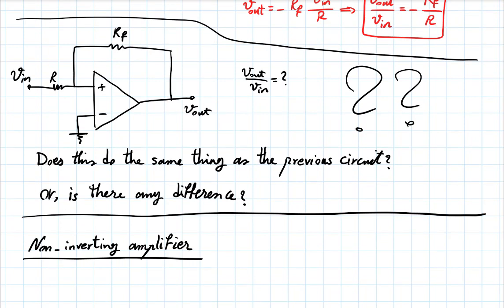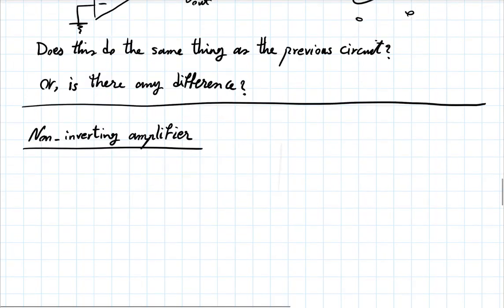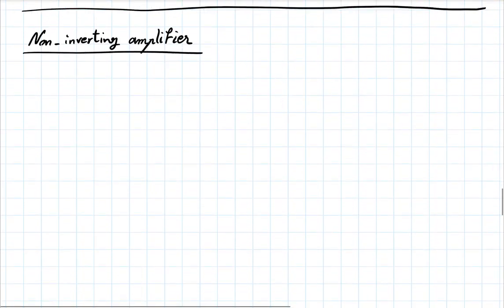Maybe this is one thing that comes to mind if I connect things to the positive input instead of the negative input. But I'll let you think about that on your own before we talk about it. But let me draw a circuit that does the non-inverting amplification function.